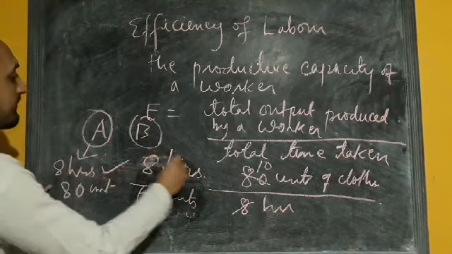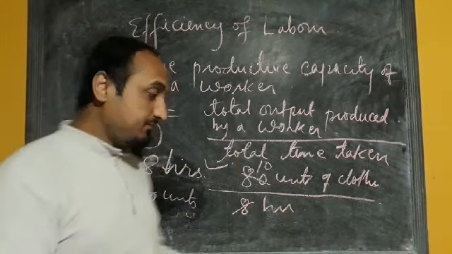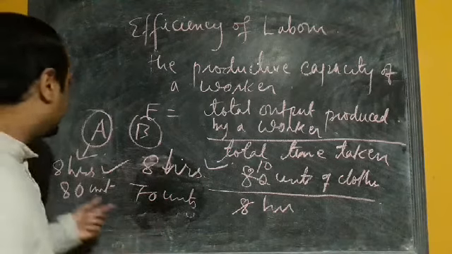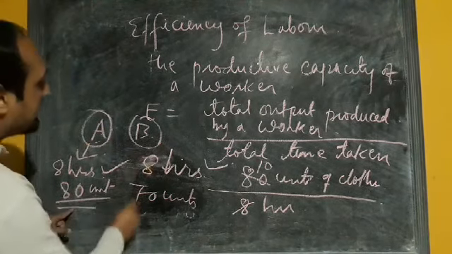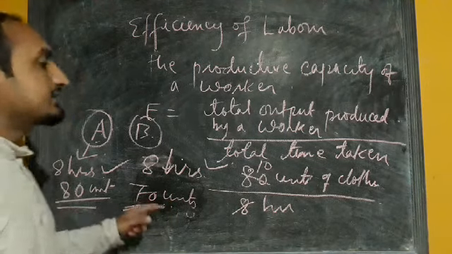So time taken by both workers is the same, 8 hours, but the first worker is producing 80 units, whereas the second worker is producing only 70 units.